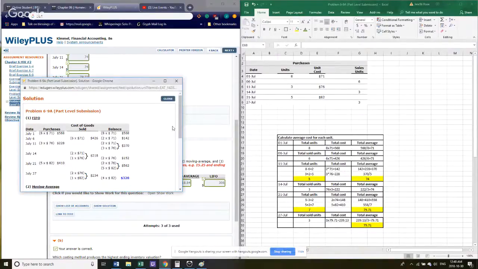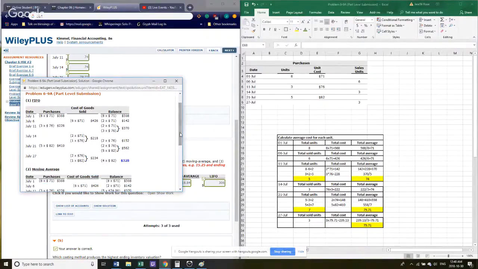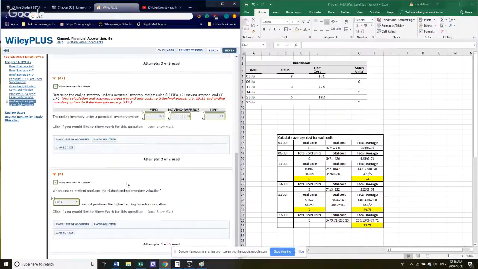It's just a more in-depth understanding of it, because it has all the totals right here, and also the cost of goods sold, so all the totals there also. But that's pretty much it. So that's how you would calculate the total average.